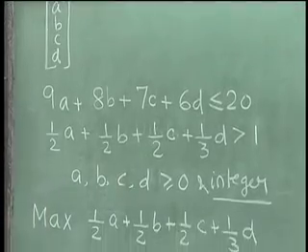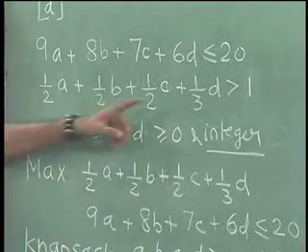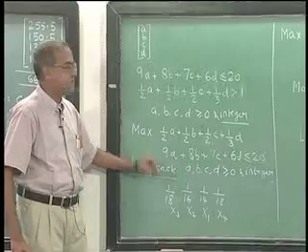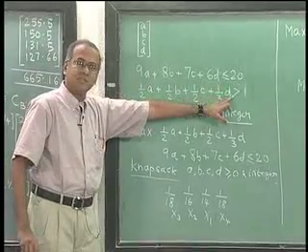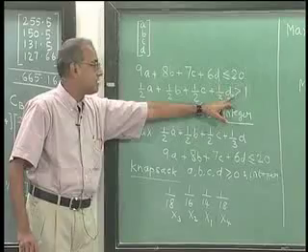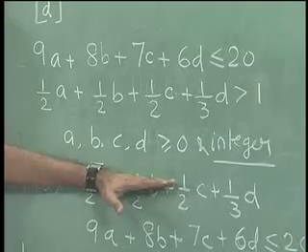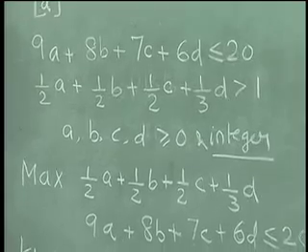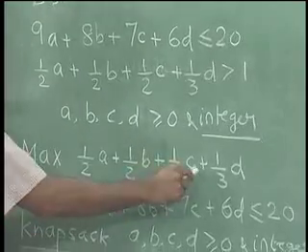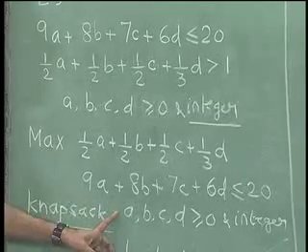Now, what we did was we also used some ideas from a single constrained knapsack problem. Because this is a strict greater than type inequality, we said we would now make this the objective function and write this problem to find a, b, c, d such that it maximizes this function subject to this constraint, with a, b, c, d greater than or equal to 0 and integer.